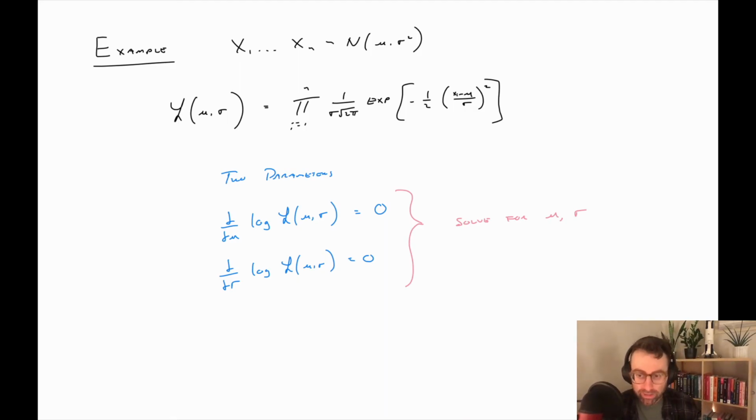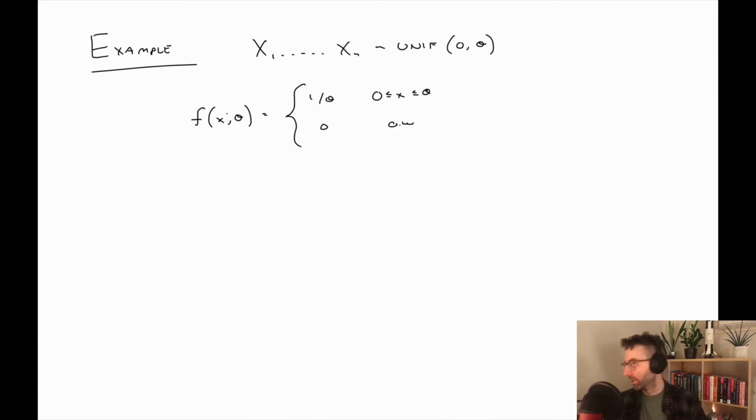Okay, let's do an actual interesting example. My opinion on how to do this problem is just to intuit the answer. So here we have x1 through xn, uniform 0 theta. I've written out the density there.